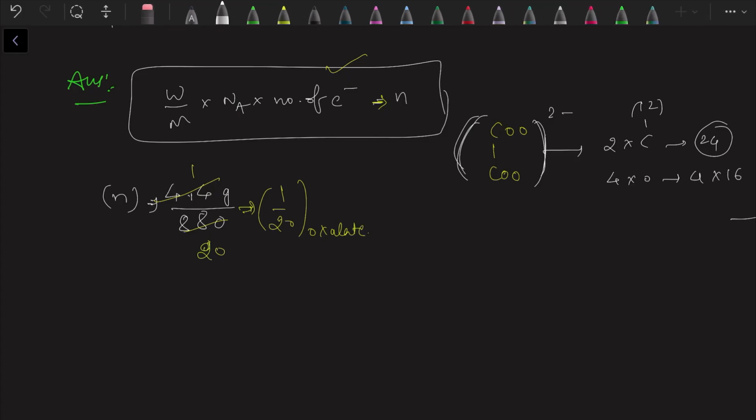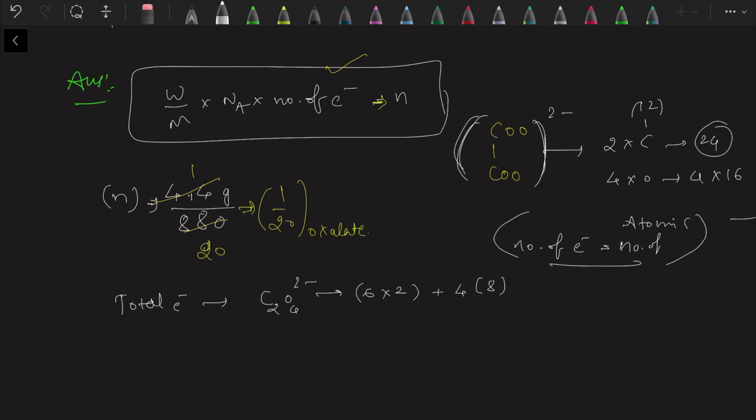Then what we have to find out? The number of electrons. Total electrons is how much in the oxalate ion, C2O4 2 minus? Carbon is 6 electrons, and there are 2 carbons, plus oxygen, 4 of them. Number of electrons equals atomic number only. So whatever the atomic number is, that is the number of electrons to put. Next, whatever charge is there: if minus charge is there, add; if positive charge is there, subtract from that value.